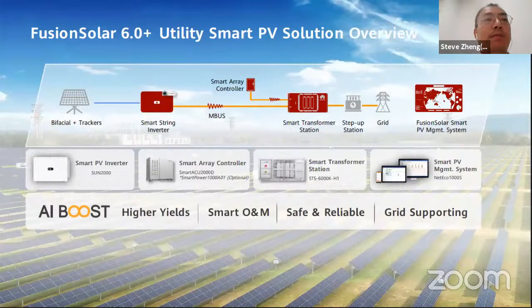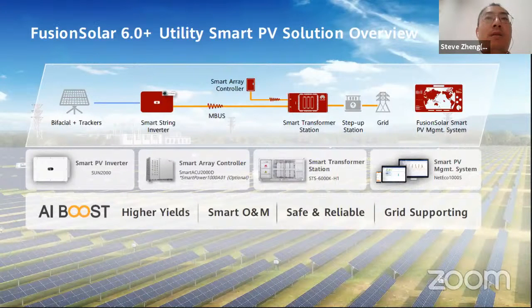Next. Huawei provides Vision Solar smart PV solutions. It consists of the inverter at the left side, which is our 185 kilowatt smart string inverter. The second product is the smart array controller, for data transmission and control.